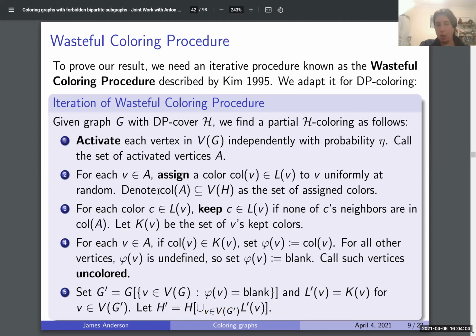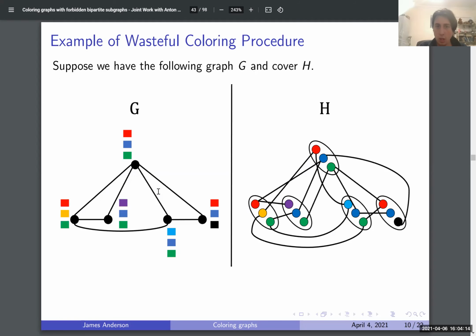Okay, so I'm going to give an example of this wasteful coloring procedure so we can see how these steps actually work with a picture. So let's imagine on the left we have this graph G, and it has these lists of colors, and we can build, suppose H with some cover built as follows, right?